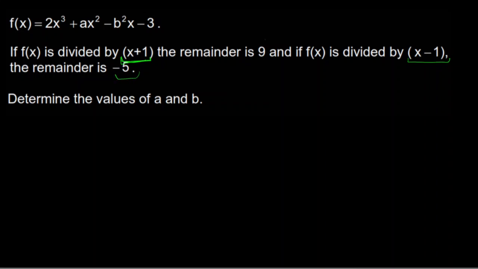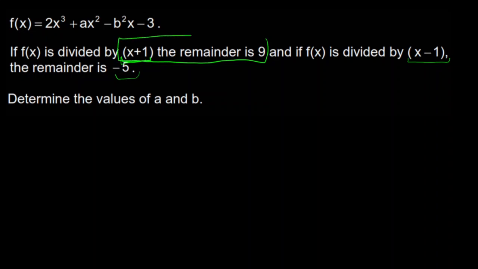So let's deal with the first remainder and divisor. Okay, so we have a divisor of x plus 1 and a remainder of 9. Written in functional terminology, the value we are investigating here is negative 1.